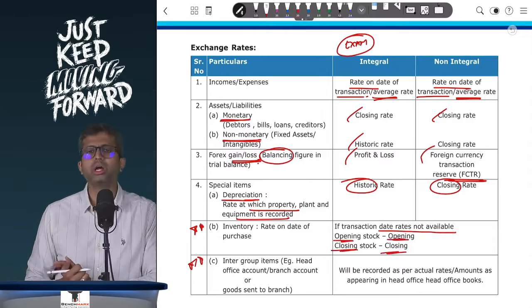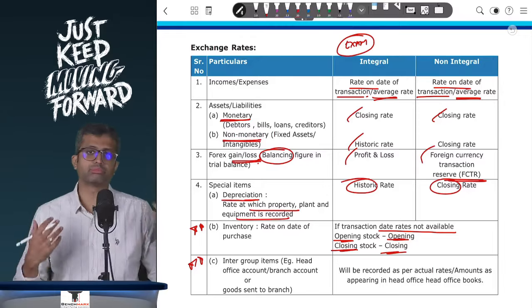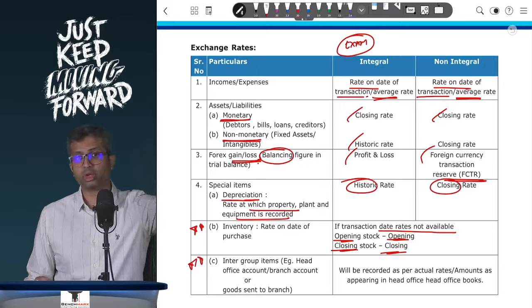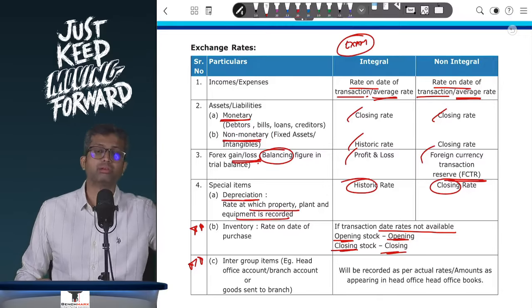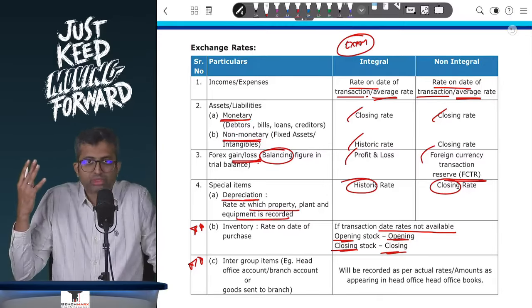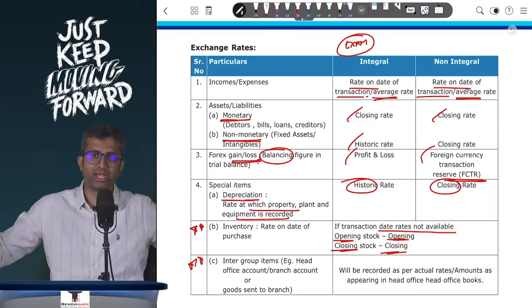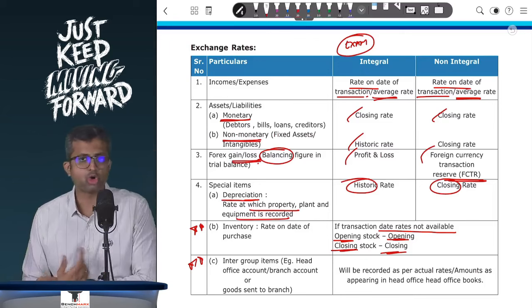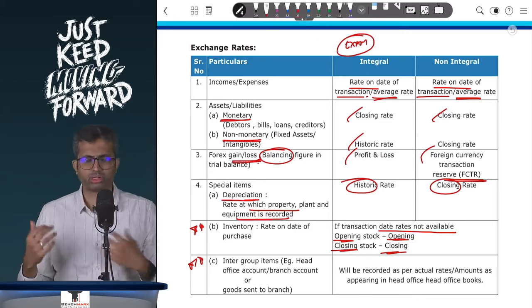And then there are inter-company accounts, like in branch books, there will be head office account. In head office books, there will be branch account. In case you have to prepare, you have to ensure that these accounts cancel, and hence you will take the rate as the actual amount.